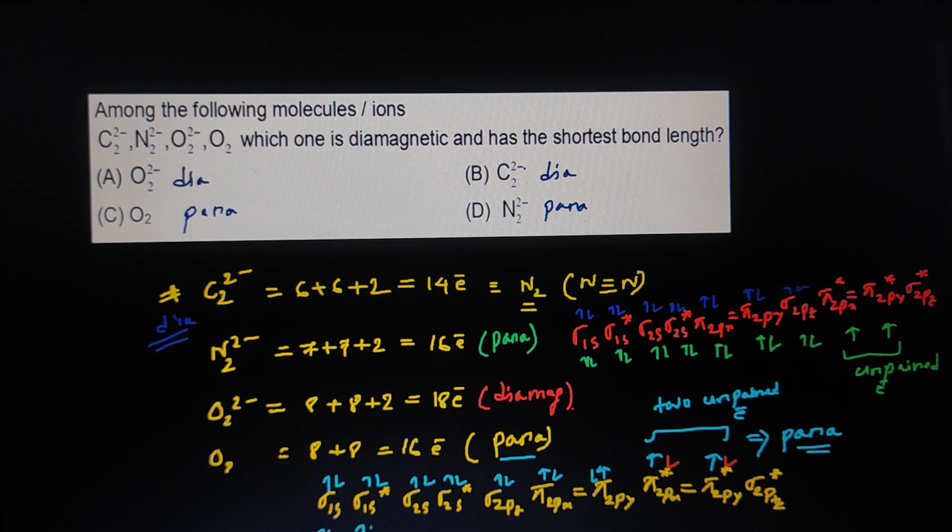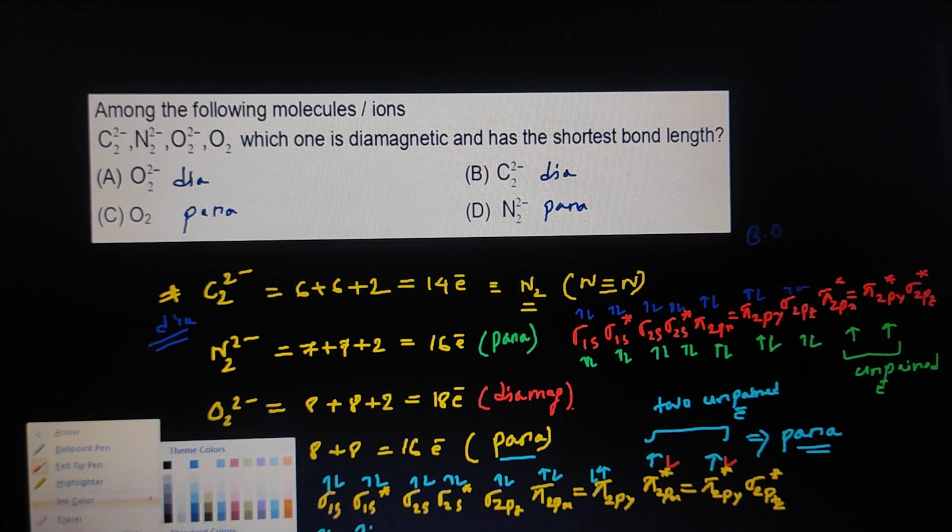So O2 2 minus and C2 are diamagnetic, and the shortest bond length, how can we determine it? If we determine the bond order, bond order can be calculated like this.